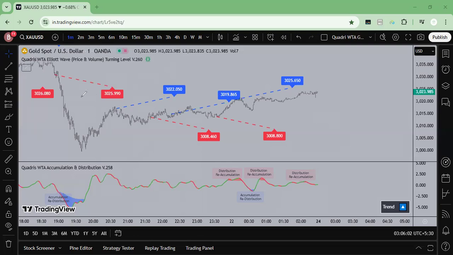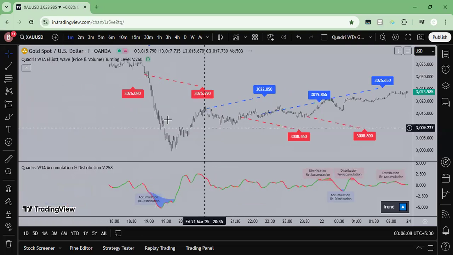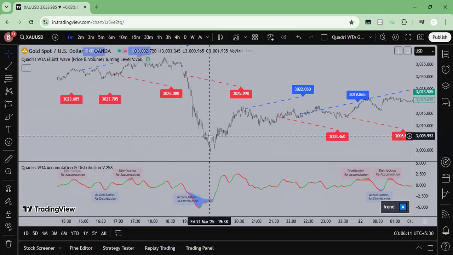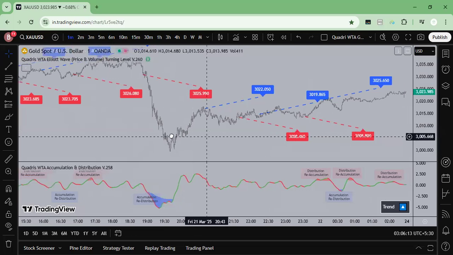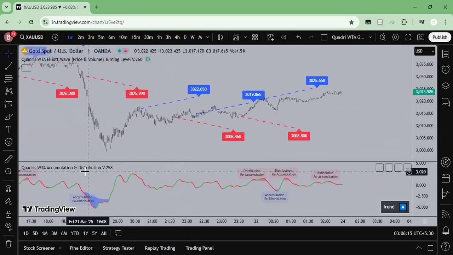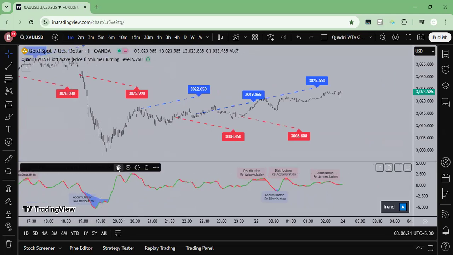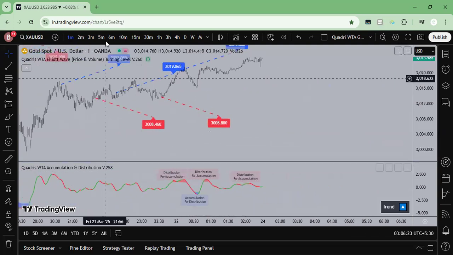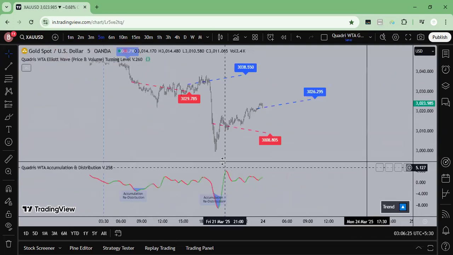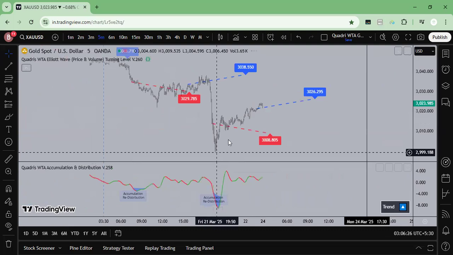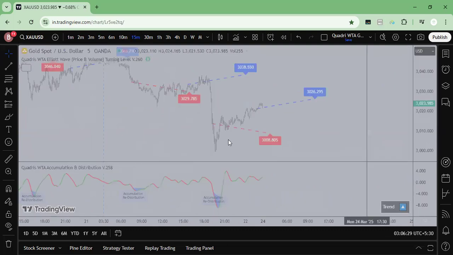It gives the level and it gives you a set target that the market would definitely go into that particular position. There is a likelihood of price going upwards or downwards. And the second thing, apart from this, is WTA, Wyckoff accumulation and distribution. This is a Wyckoff based accumulation and distribution indicator, which can be applied on any time frame, irrespective of instrument.